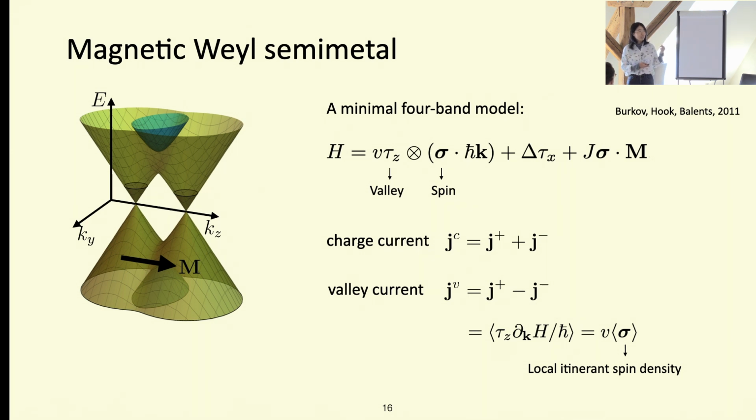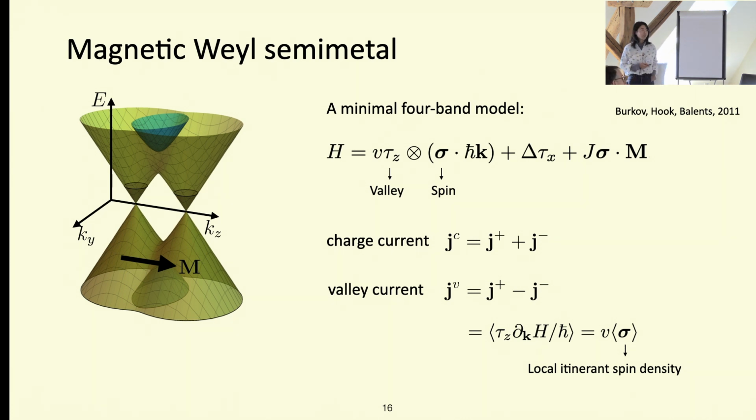And from this Hamiltonian, it's very clear for this model the valley current is directly proportional to the itinerant spin density averaged locally. And we know spin density can generate magnetic field. So naturally, here the valley current couples to magnetic field, and its dynamics will generate magnetic field fluctuations and magnetic noise.